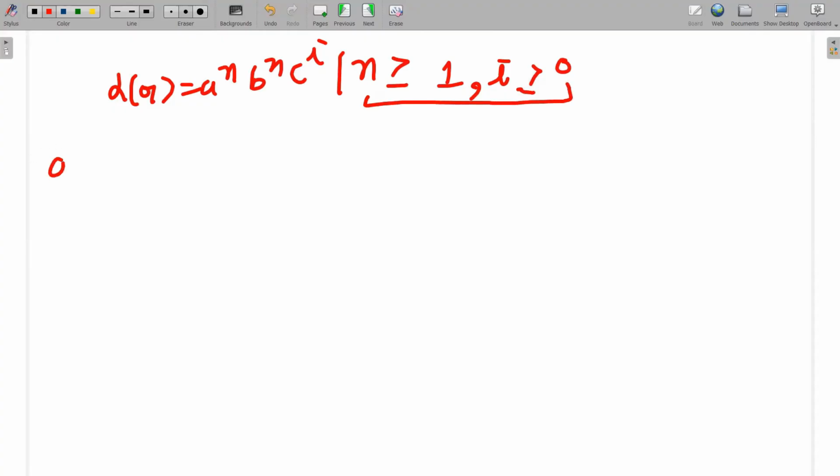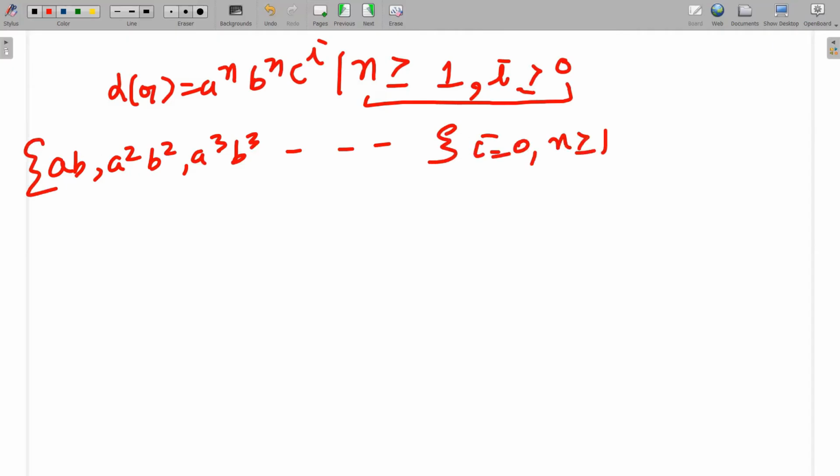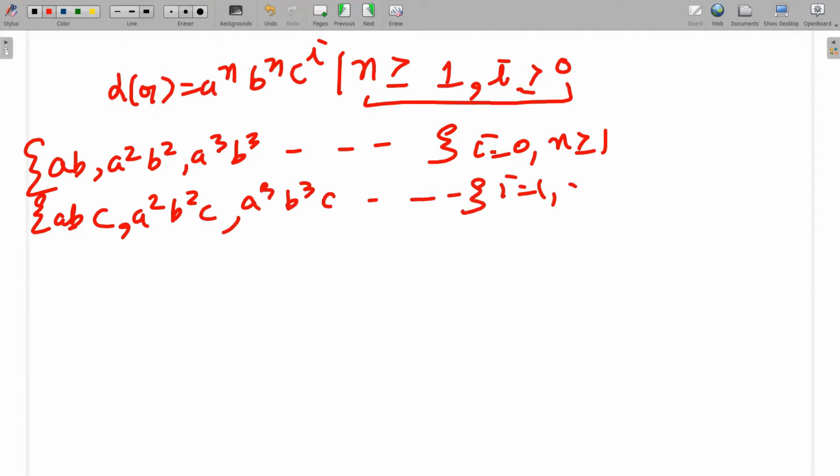So I am getting the strings as, this is with the i value as 0 and n greater than or equal to 1. This is with i equal to 1 and n again greater than or equal to 1.